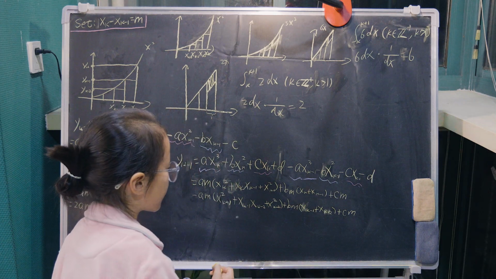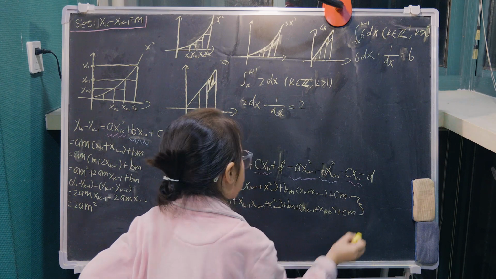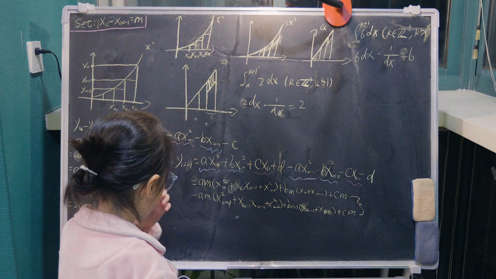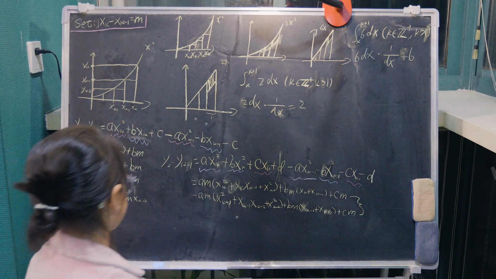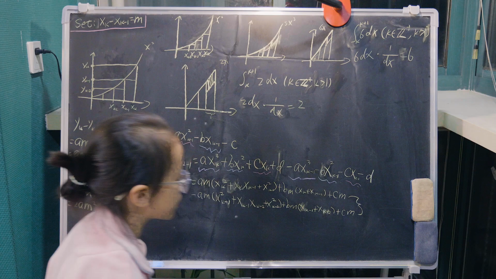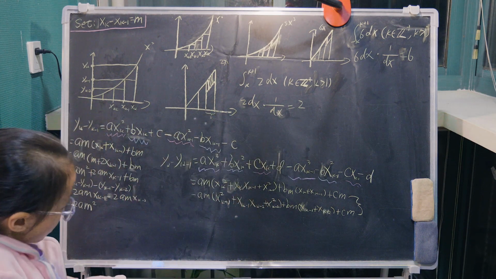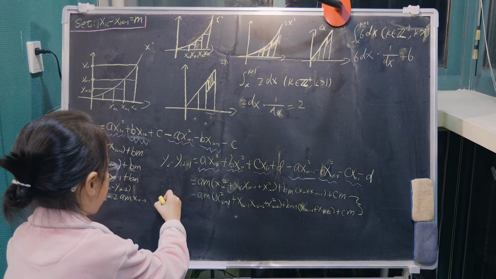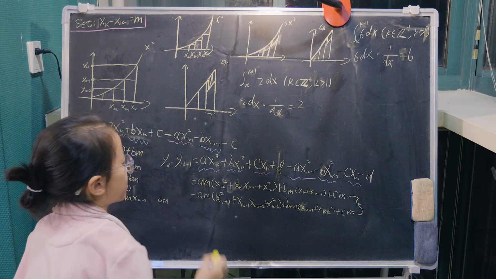Okay, and the next step, of course, we're just putting together. So now we're in here. This part is okay, and let's see. I already have some places, and we don't have much space to write this.